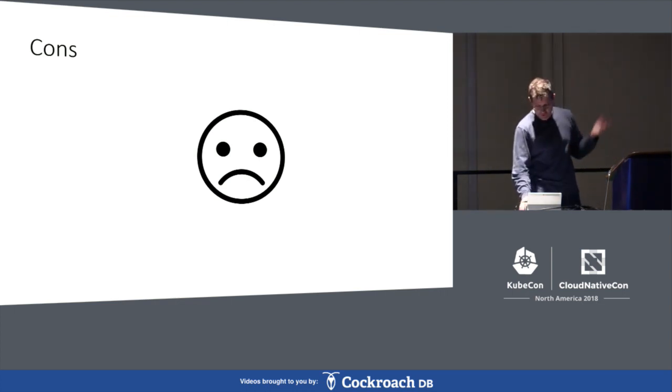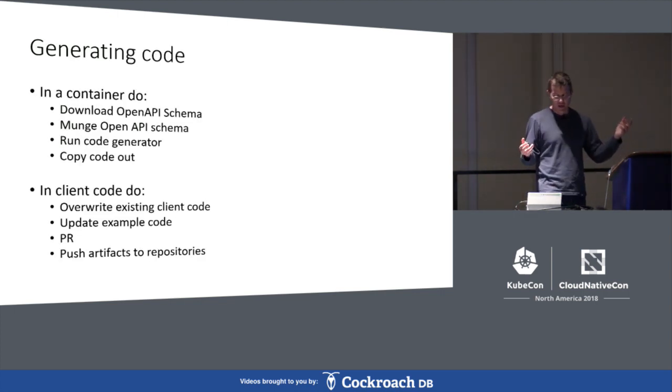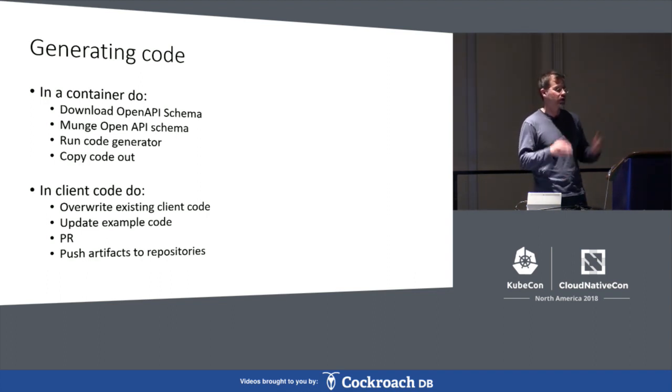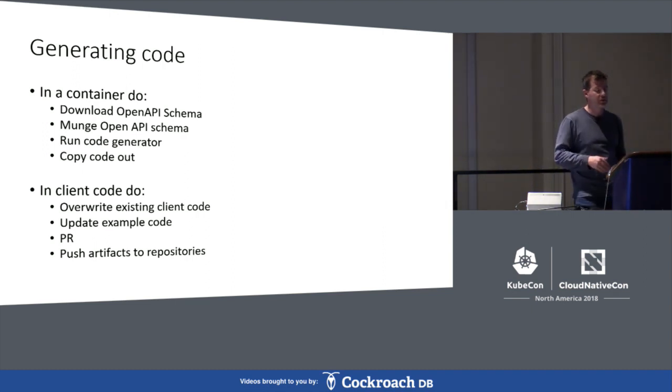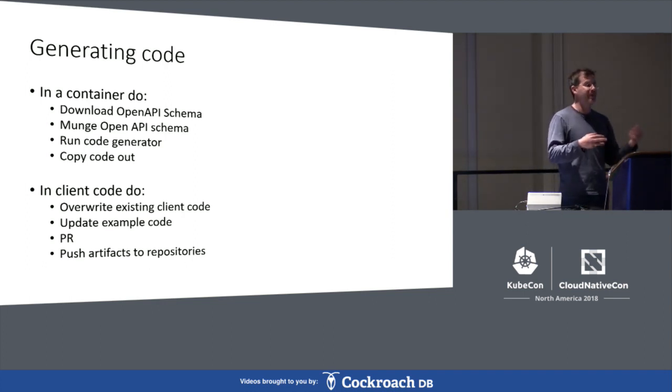I want to give you a sense for what the code generating process actually looks like. So inside of a container, we download the OpenAPI spec from a particular release. We are always generating code for a particular release. We munge up that OpenAPI spec because it doesn't fit with the Swagger code generator quite perfectly.